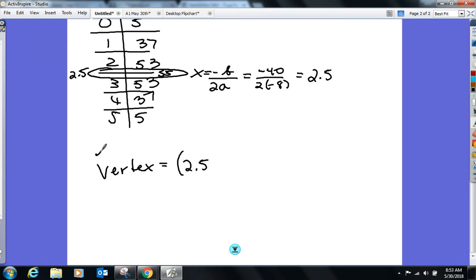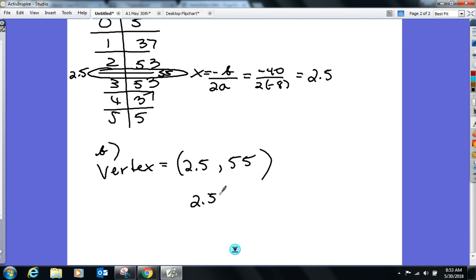2.5, now this is going to your question, Marco. Part B, 2.5, 55 is the vertex. What's that mean in the context of the problem? Is it your x or your y coordinate, Marco? In this case, it's t in the problem. What's t represent? Okay, so at 2.5, what kind of time?